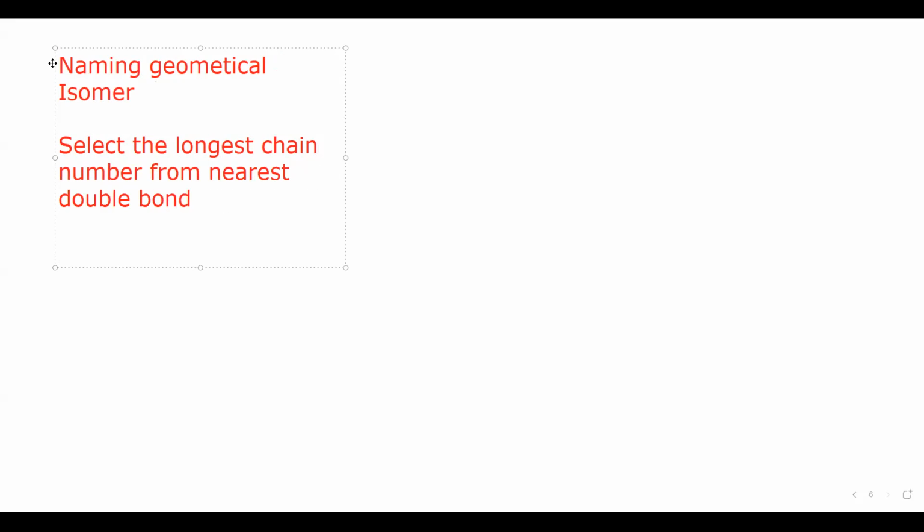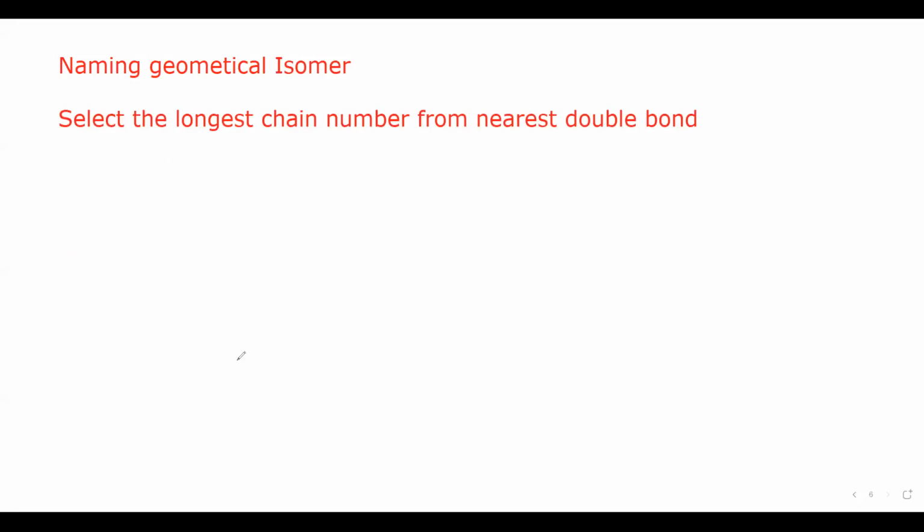And then first use cis or trans to name them. For example, this is a structure given. So this is how the structure is given, and we have to name it.